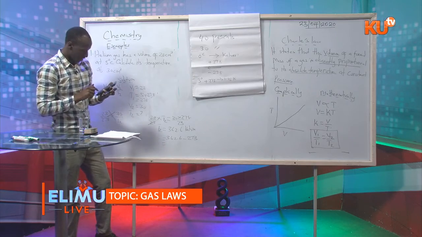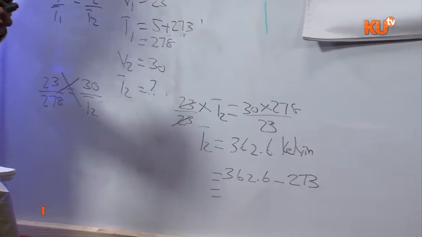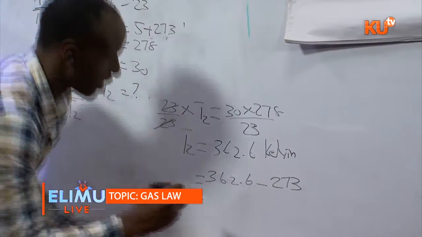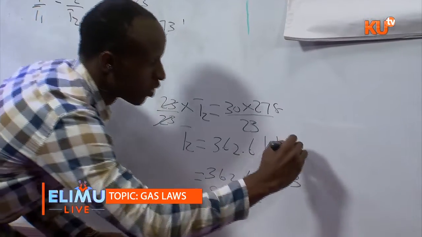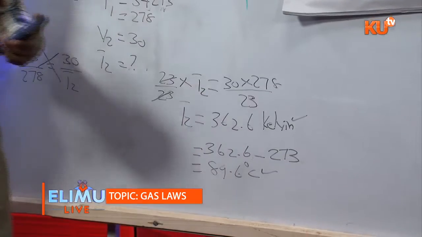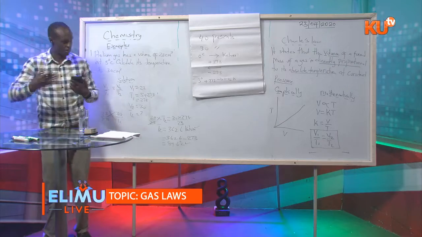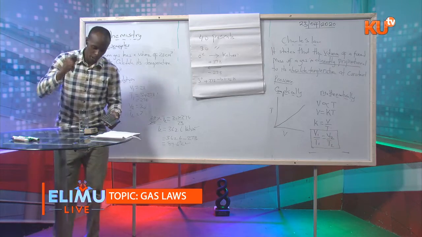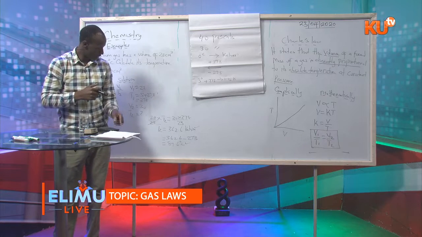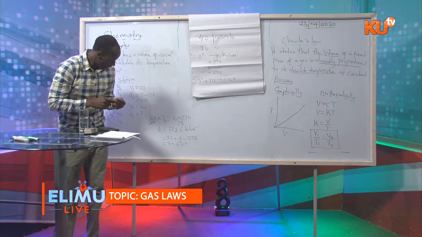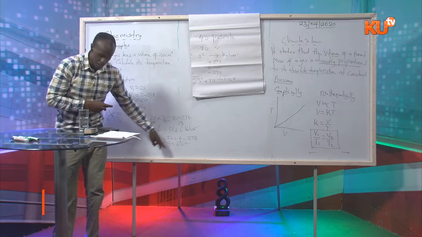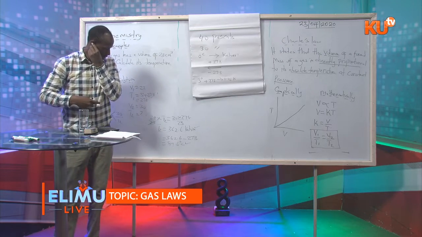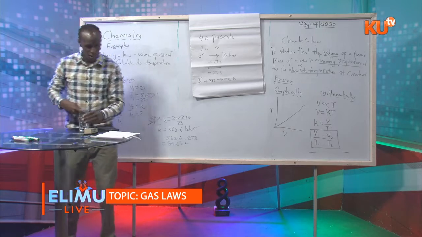That should give you 89.6 degrees Celsius. So those are your two answers. But it depends on how the question has been structured. If they specify the temperature in degrees Celsius, then you subtract 273 so that you get 89.6.